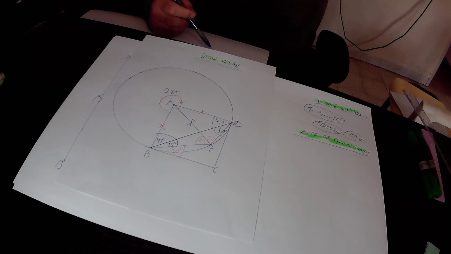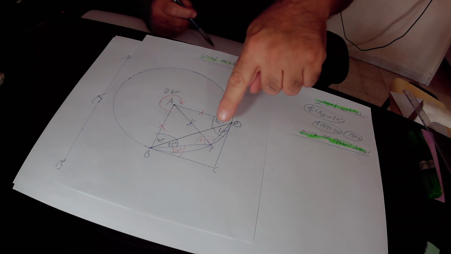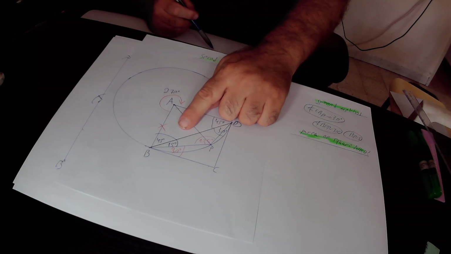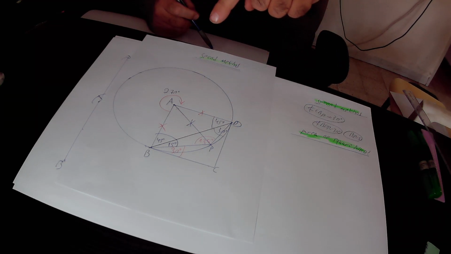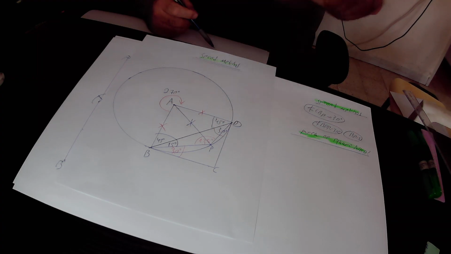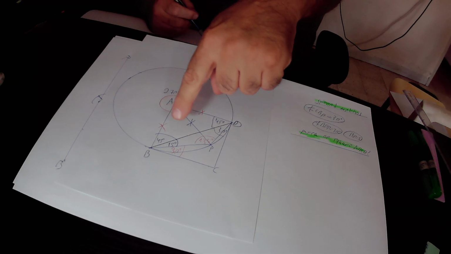So this is angle ABP is equal to 45 degrees plus 15 degrees, which is 60 degrees. So in the next step I'll copy this triangle ABP in a new page and we analyze this triangle ABP.